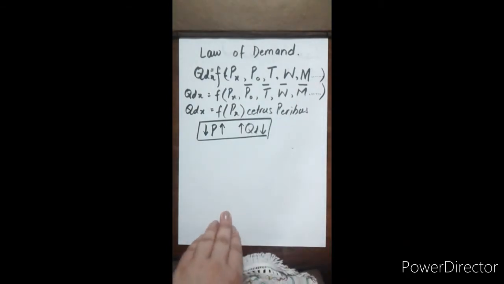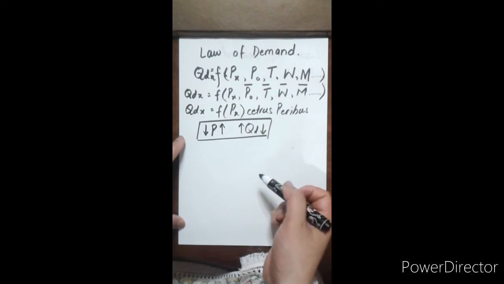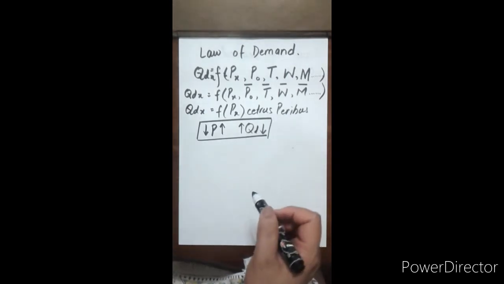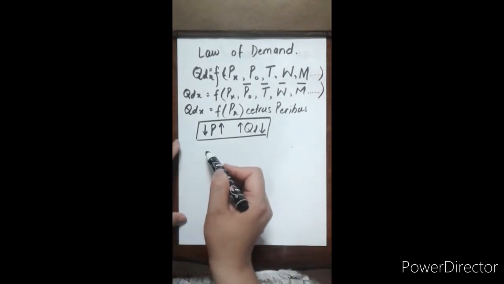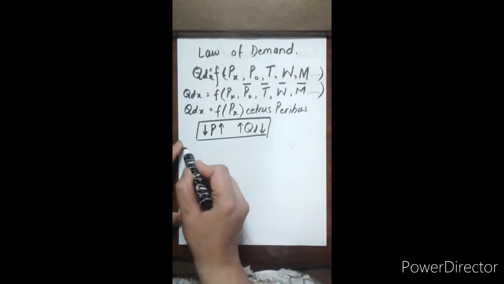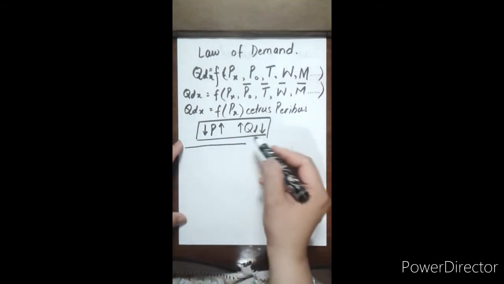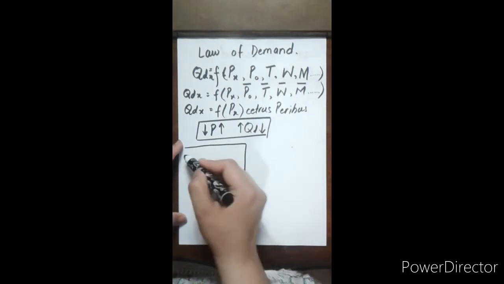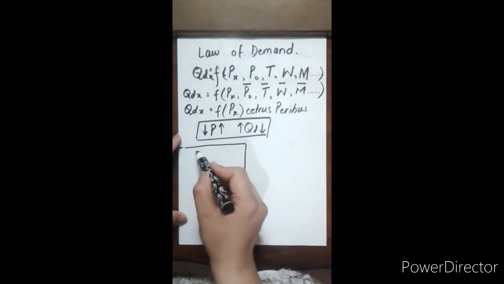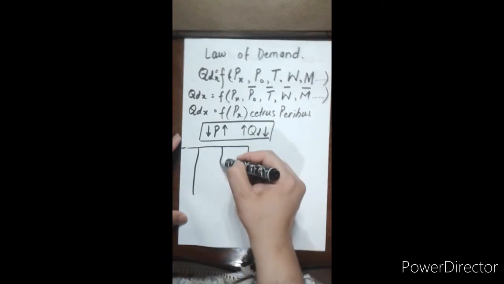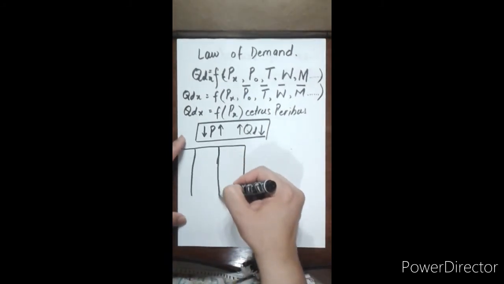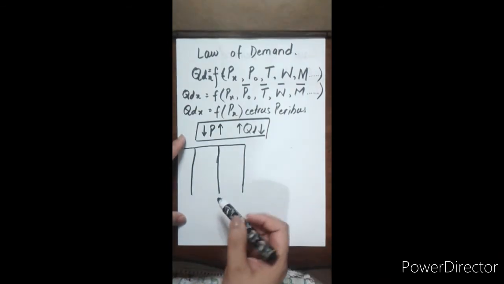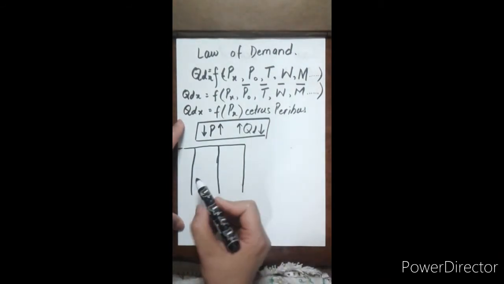Now let's assume I want to see the prices of eggs in a market and how much quantity people are demanding there, let's say per week or per day. So in order to have my demand schedule, I'll be having, let me make 3 columns. Sorry, I'm so used to Blackboard, it's difficult to write on a piece of paper.